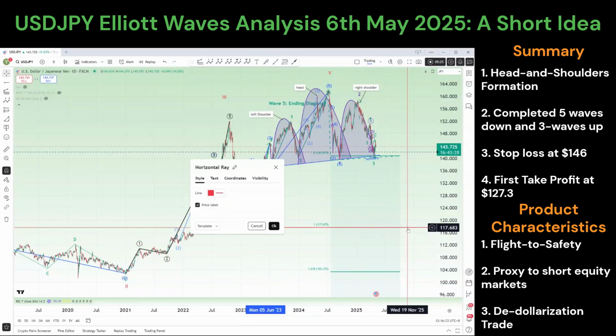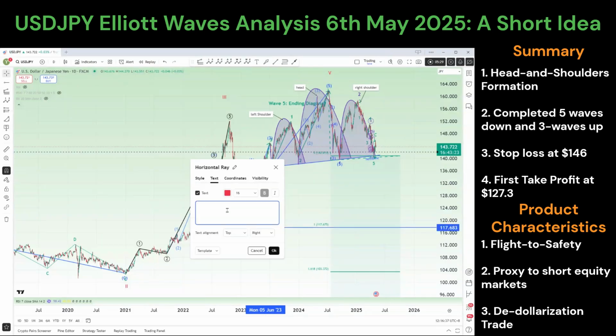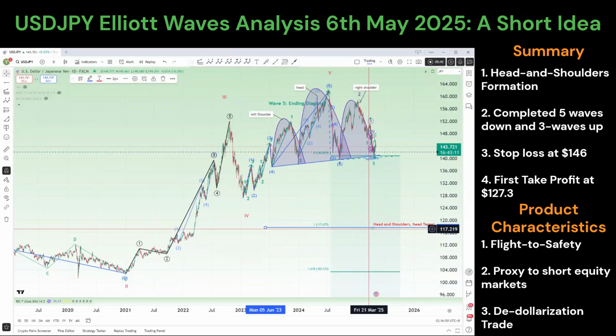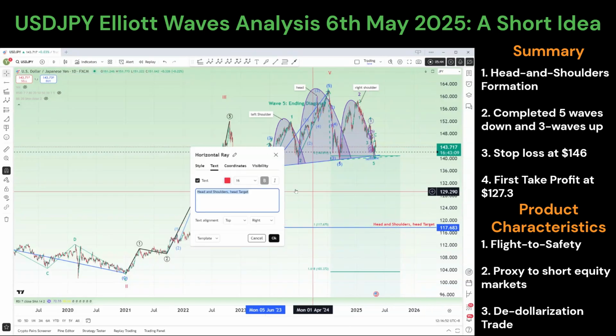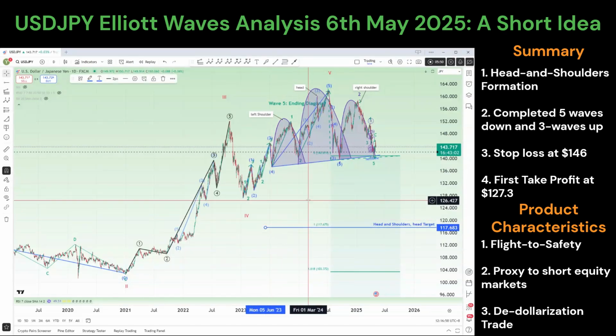So this will be what I call the head and shoulders head target. It's kind of like if you inverse the whole head, you should reach this target, one to one. So this is more like a long term target.